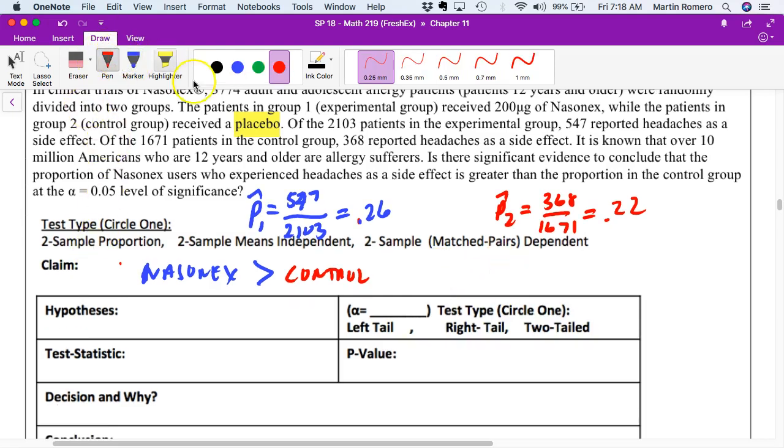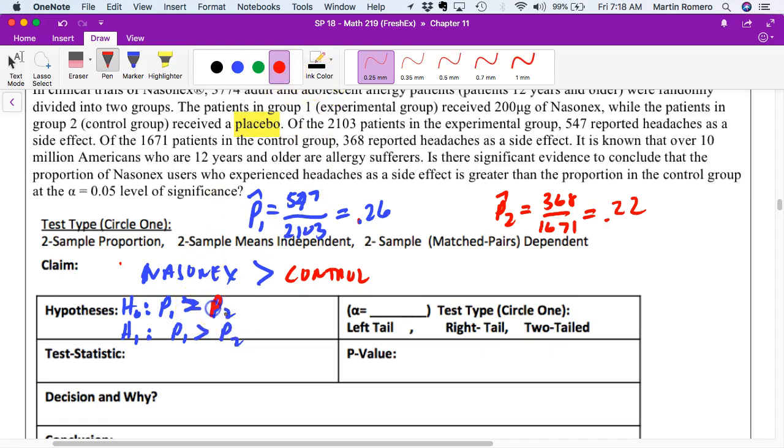And so what this is going to look like is this. Our null hypothesis would be that the proportion from group 1 is equal to the proportion from group 2: no effect, nothing happened in that experiment. And then the alternative is that P1 is actually greater than P2.